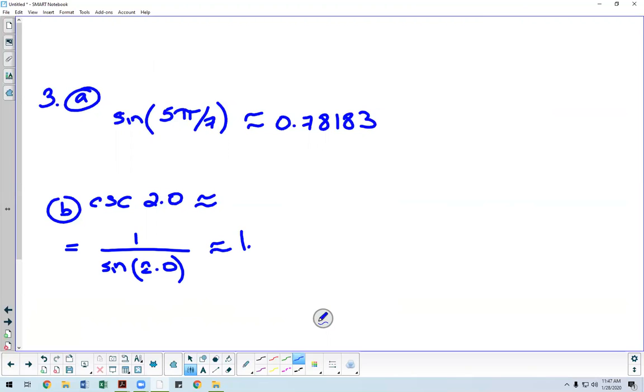What do we get? I got 1.0997. You should not have to do any rounding, because you got a 0 after that, right? So you don't really have to round up anything.